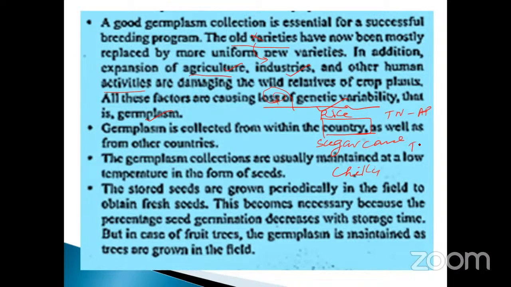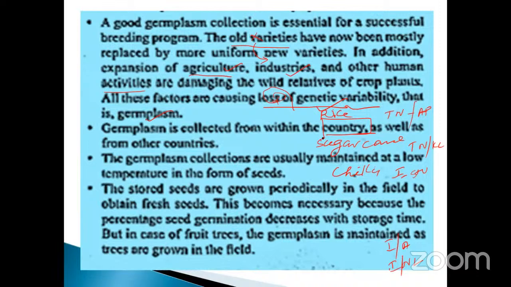Or for example, Tamil Nadu, Kerala. Like that we may collect. Suppose if it is not possible, India and USA, India and Australia, India and New Zealand. Likewise, we may select different countries.